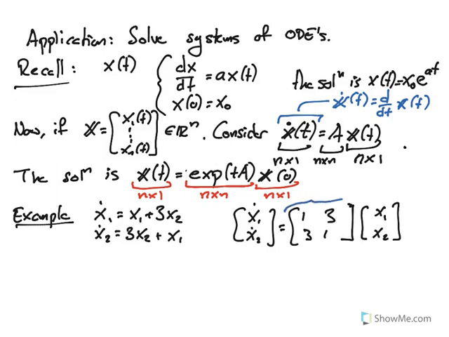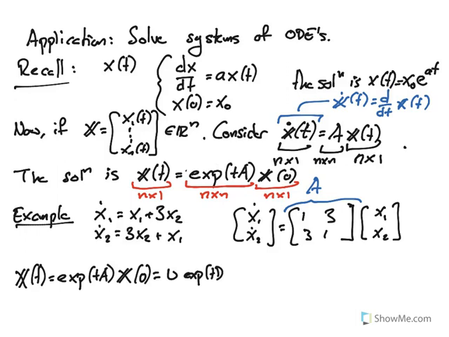Now this is your matrix A. Now we can write down the solution as x of t is the exponential of t times A acting on the initial values, and this is U exponential of tD, U transpose acting on the vector of initial values.